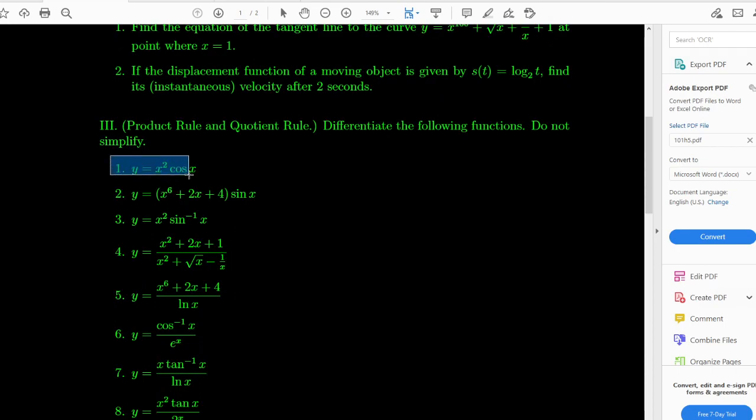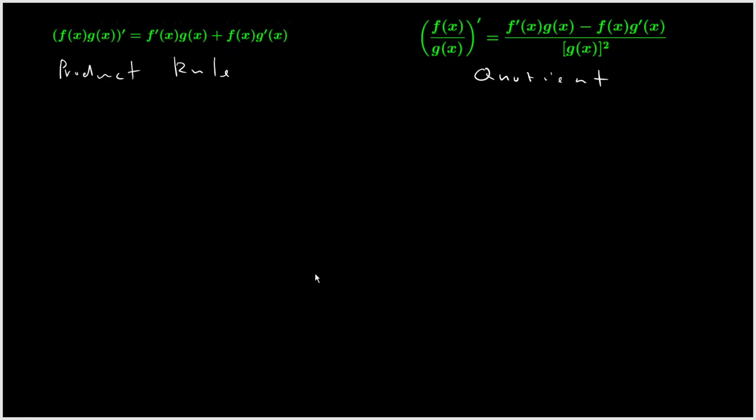Okay, now let's go over question 1. In question 1, we are trying to differentiate x squared times cos of x.